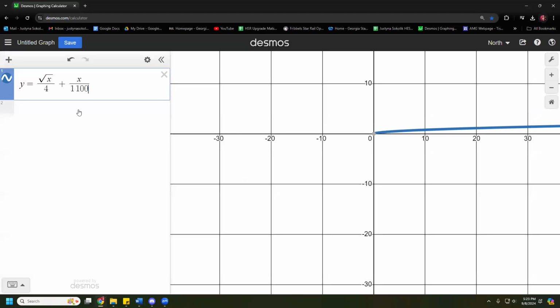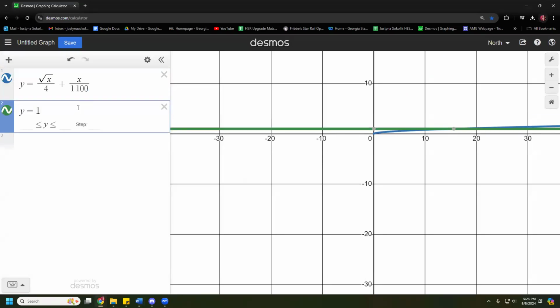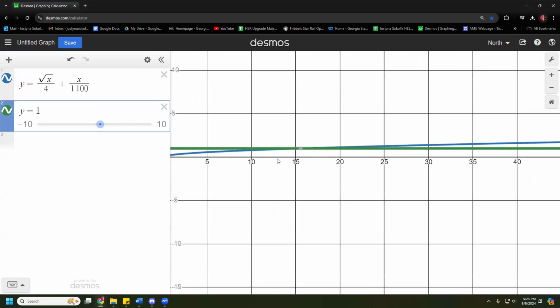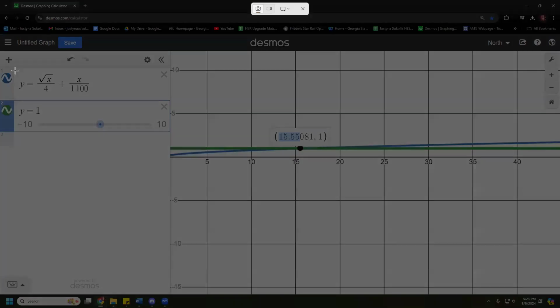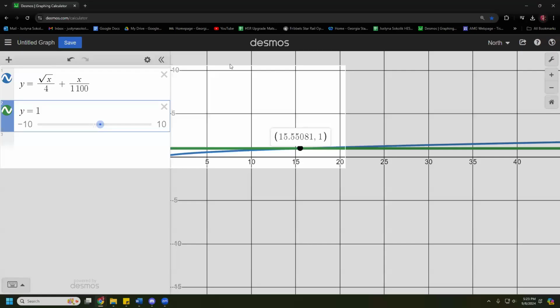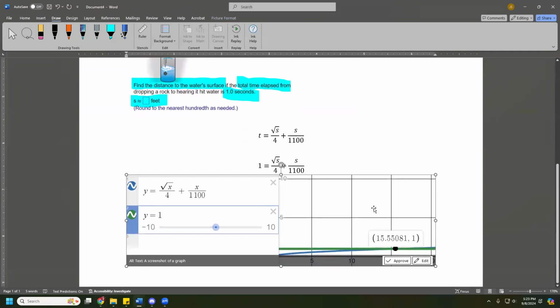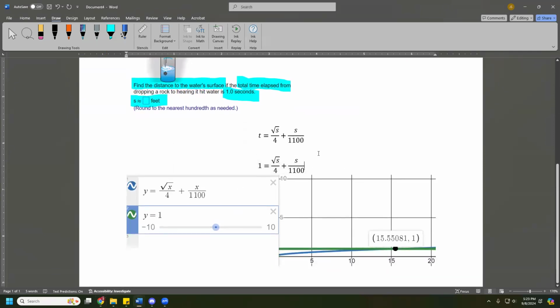And then I want to do y equals 1 in a separate line, and figure out where these two things cross. Desmos is smart enough to highlight this point for me, and it looks like my answer should be 15.55, just based on the graph alone. So we're expecting our answer to be 15.55. I'm just going to go ahead and add this screenshot into my document.